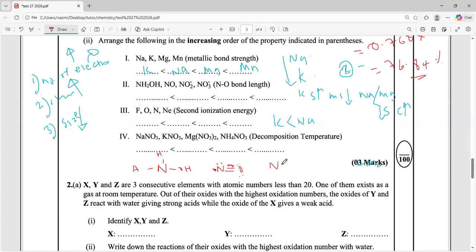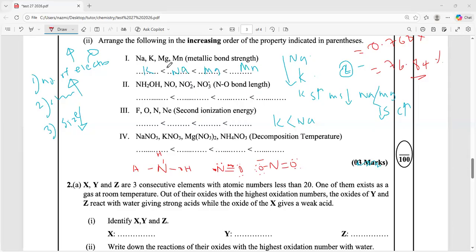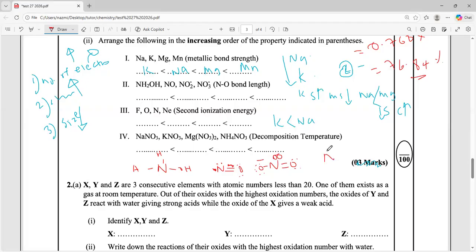Then NO2 minus is like this. Then NO3 minus, it's having 3 bonds, plus, minus, minus. So now let's see.